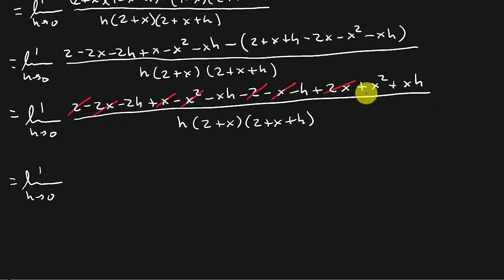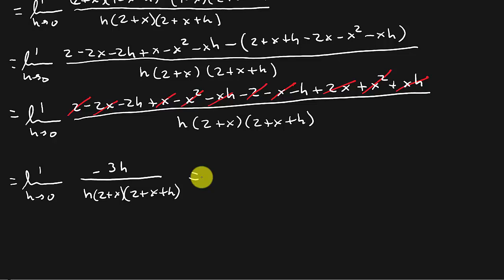The x squareds cancel out. And the xh and the xh cancel out. And so it looks like we are left with negative 3h over h times 2 plus x times 2 plus x plus h.